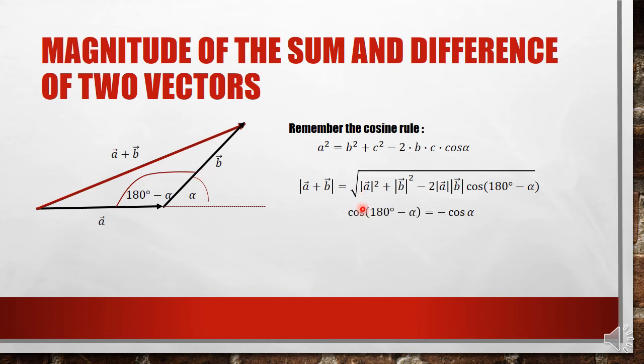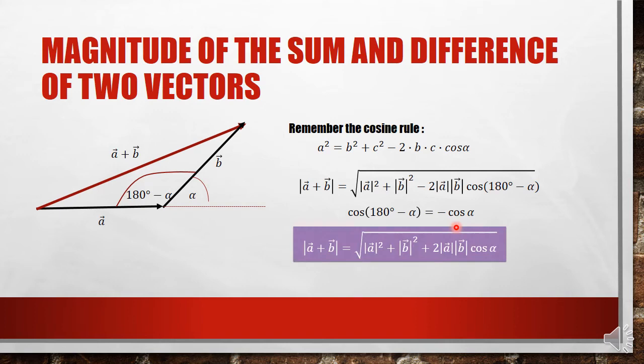Remember that cosine of 180 minus alpha is negative cosine alpha. So the formula becomes like this. This is how you get the formula for the magnitude of the sum of two vectors.